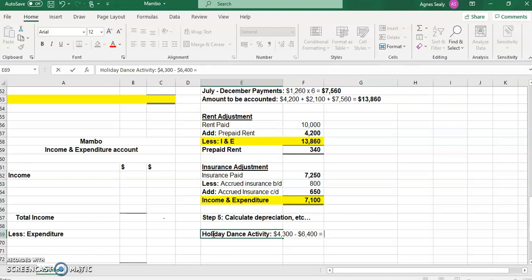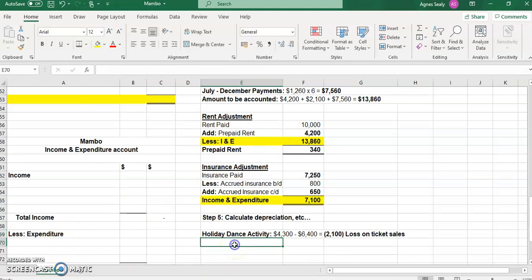So when you subtract 6,400 from 4,300, you get a negative figure. So you have a loss of $2,100. So this is a loss on the ticket sales. So they made a loss. So we are going to account for that.